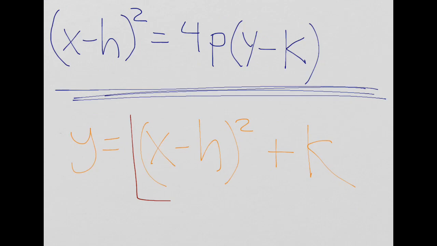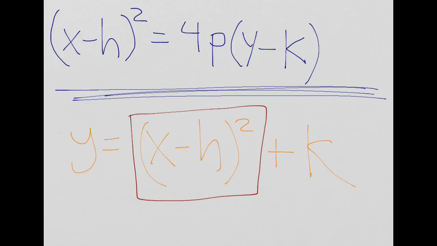Notice in both we have the expression x minus h squared. That's convenient. Nothing new to have to remember. They both still have that k. H and k mean the same thing. It's still h is the x value of the vertex and k is the y value of the vertex.